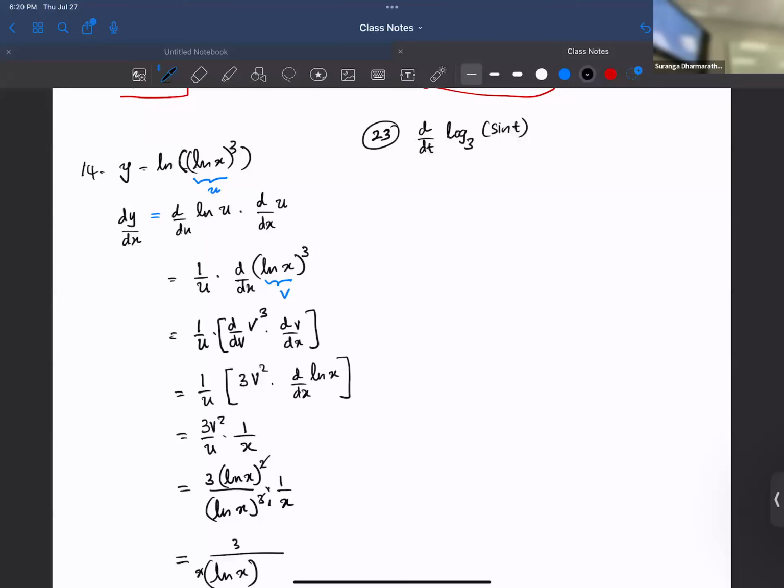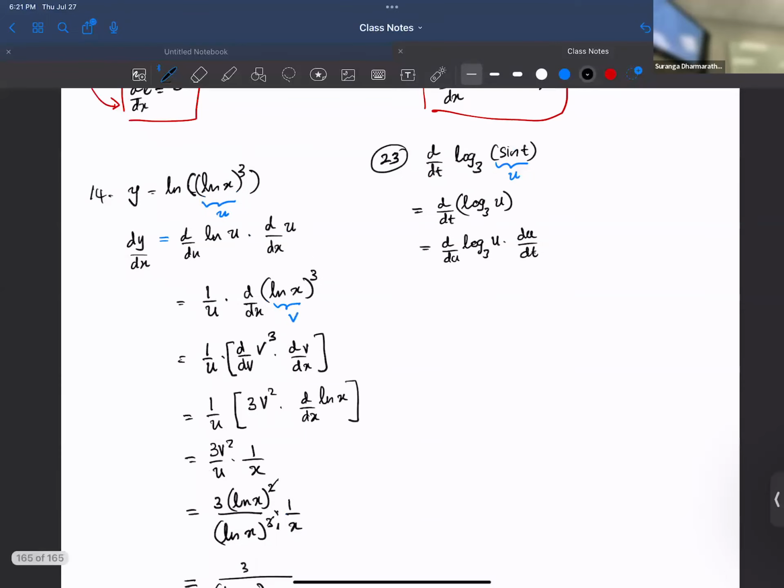Yes, chain rule. How do you use the chain rule? What function do you describe as u? Sin t. Very good. So you take this one as u, and then you can write d over dt of log base 3 of u, and then you can use the chain rule: d over du times du over dt.